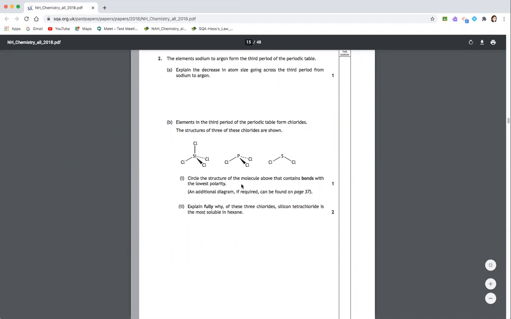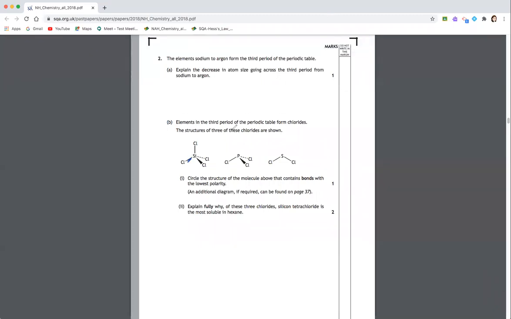So if it's a low polarity of bonds, and this is talking about bonds in the molecule, so these covalent bonds, for example. We're basically looking to see which, if it's the lowest polarity, they want to have close to or the same electronegativity, because that means that they both have an equal attraction for the bonding electrons, and therefore it's not going to be very polar.